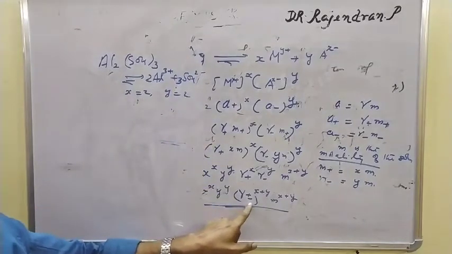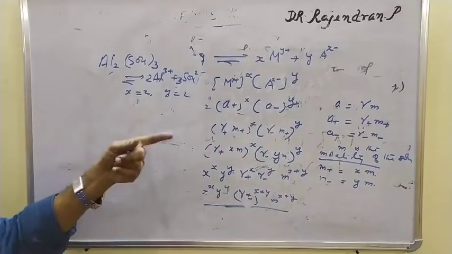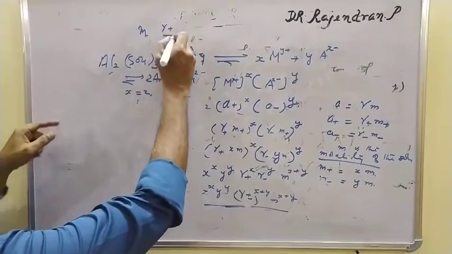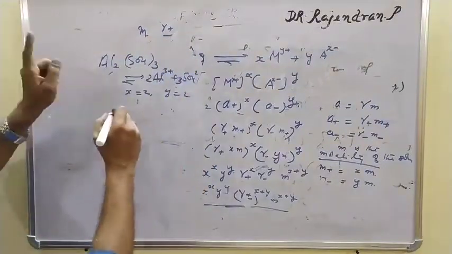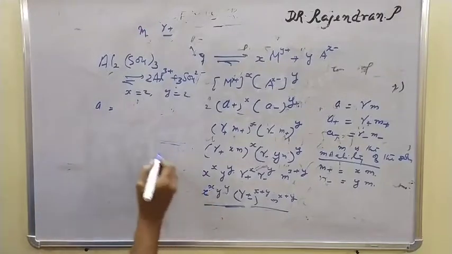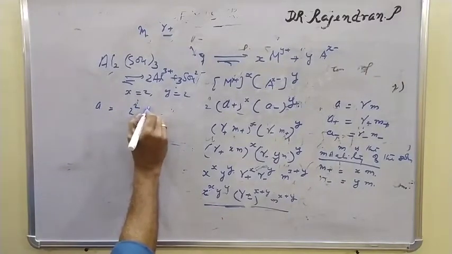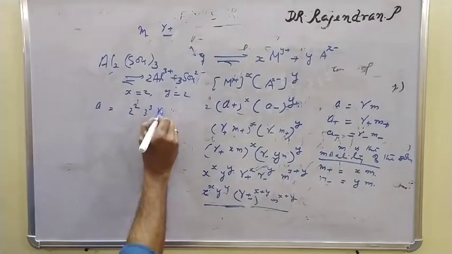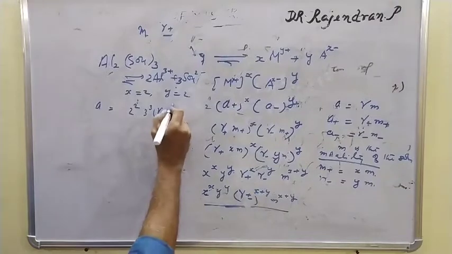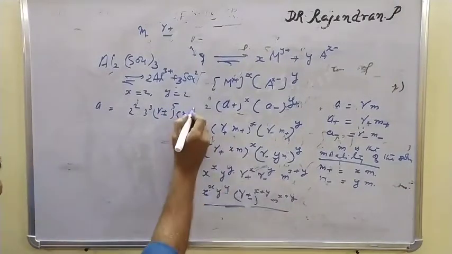So, what is the relation between the mean ionic activity coefficient and molality? If I fix the molality of aluminum sulfate and gamma plus or minus is the mean ionic activity coefficient, then activity A is equal to x raised to x, 2 raised to 2, into y raised to y, 3 raised to 3, into gamma plus or minus raised to 2 plus 3, that is 5, into m raised to 2 plus 3, 5.